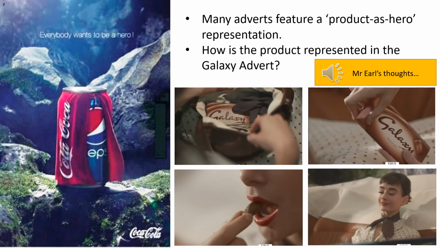So she is also effectively a living representation of the chocolate bar. And so all the positive things in the advert, all the things we're meant to aspire to be like or to like, they are effectively reflecting the chocolate bar.